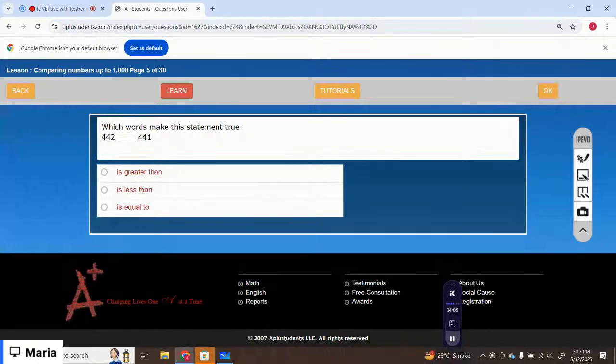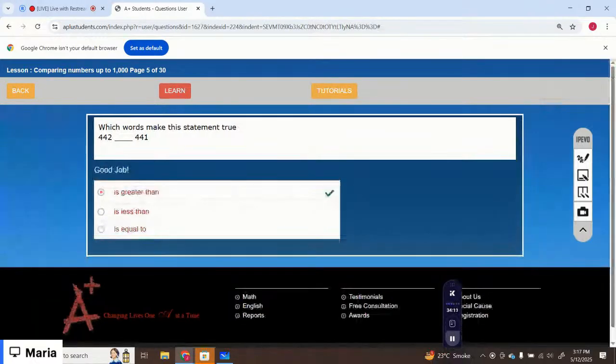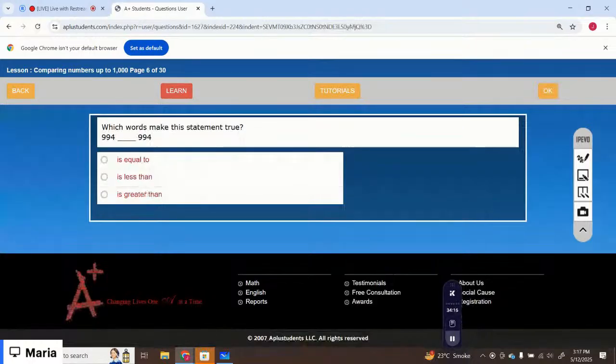So 442 is greater than 441. Option number 1 is the correct option. Which words make the statement true?